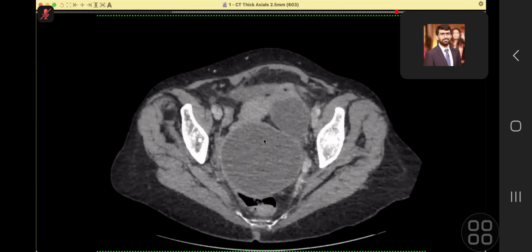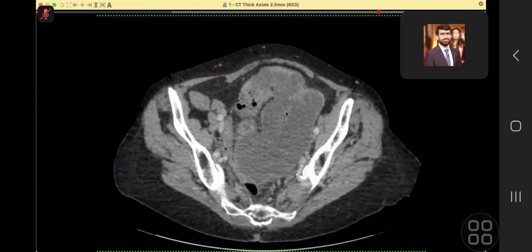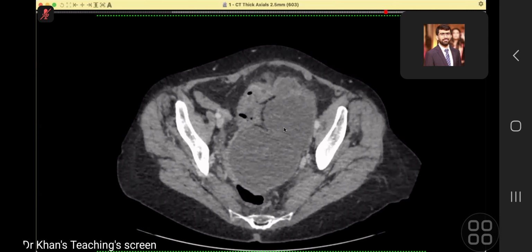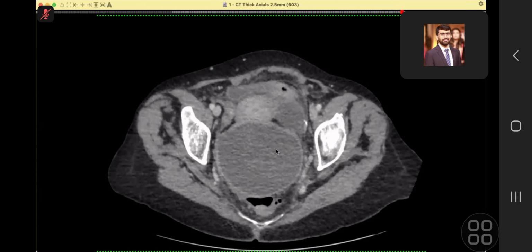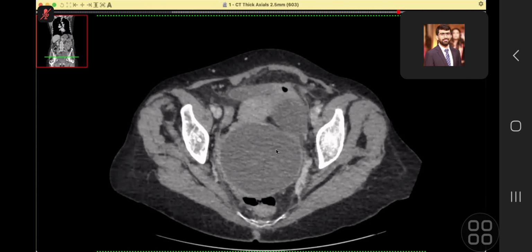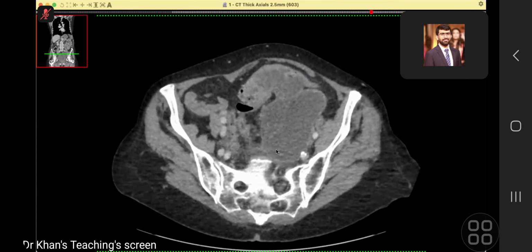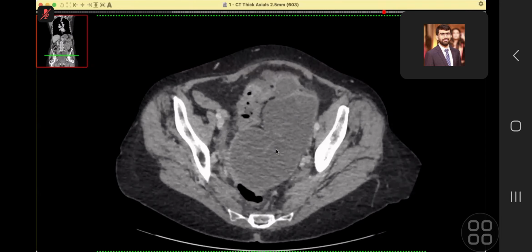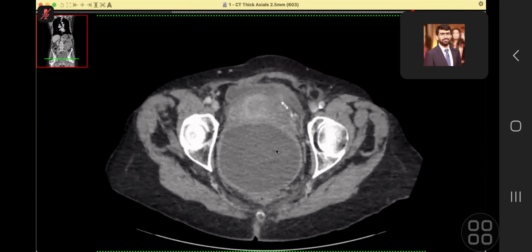This abnormality is a cystic lesion in the pelvis, and this cystic lesion appears to me to be a dilated bowel segment.